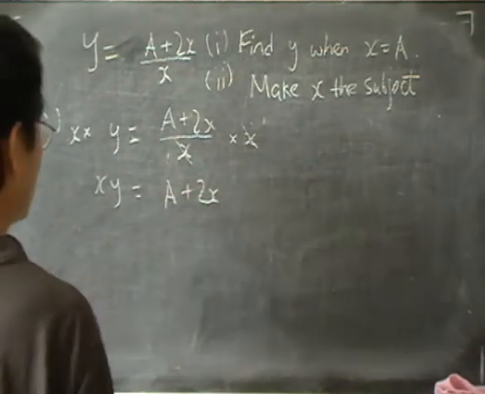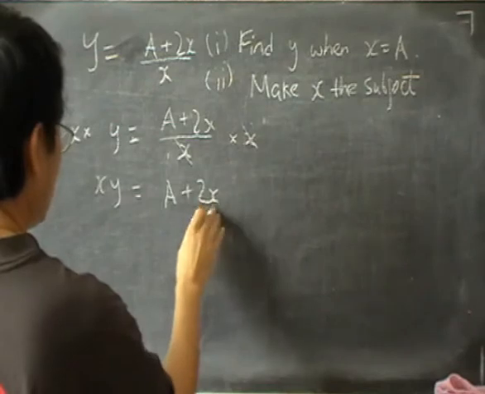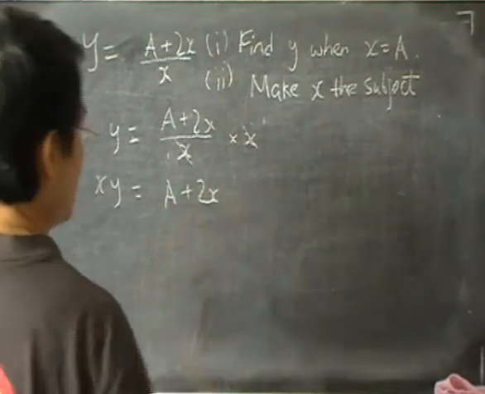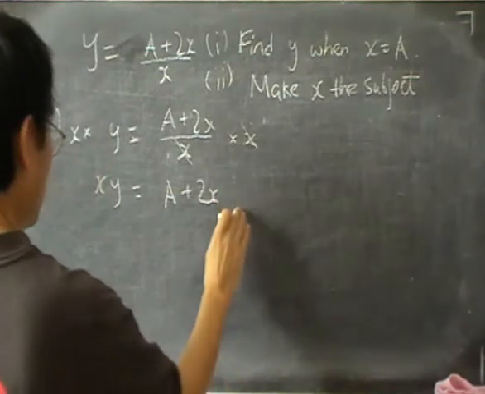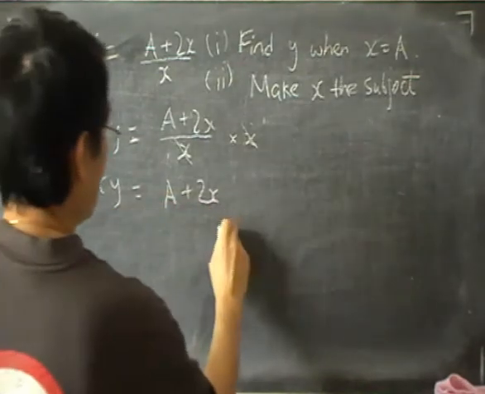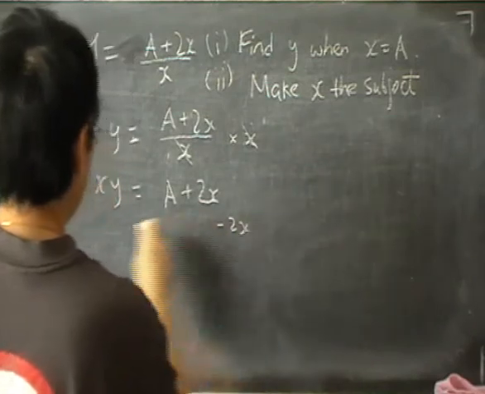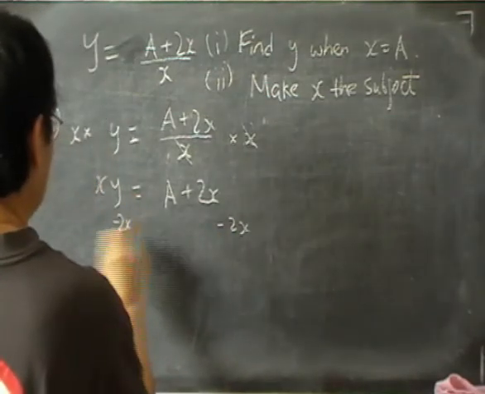Now that's already on the left side. To move this to the left side, I want to get rid of it from the right side, and the way to do that is to subtract 2x from both sides. Minus 2x from this side and minus 2x from that side.